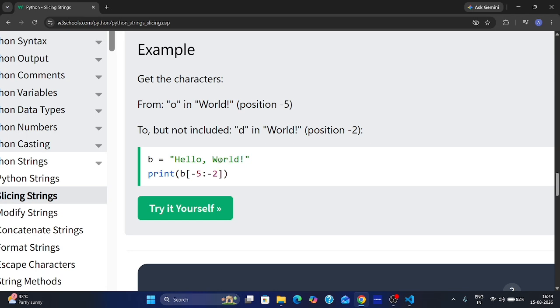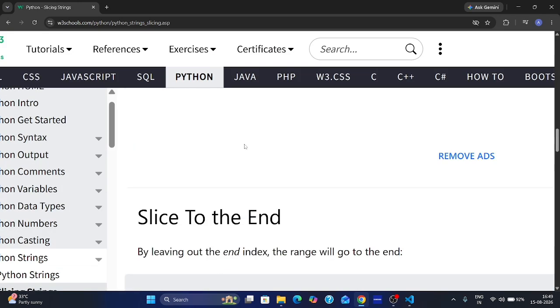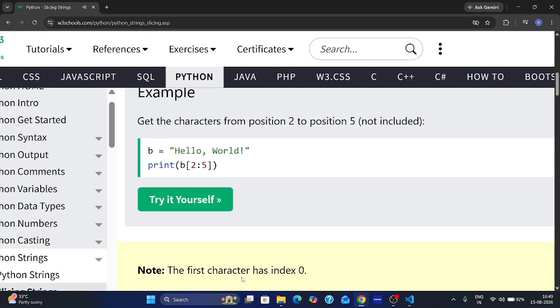It will continue from this. It will print -5, -4, -3. You know, in negative, you have to take a +1 because it will go up to 2. Okay, this is our up to 2. Here it is 2. You don't have to include D. You know, I told you about it here.